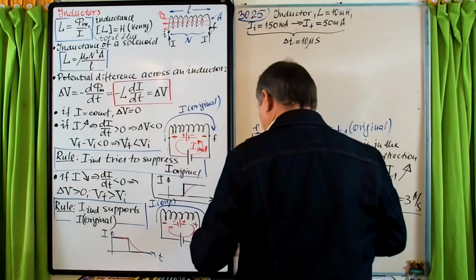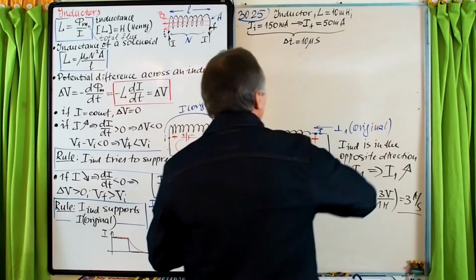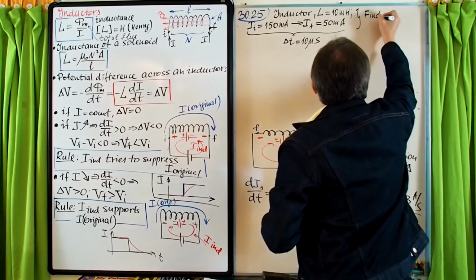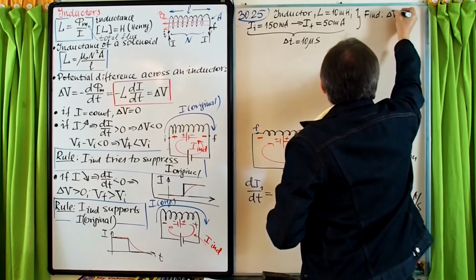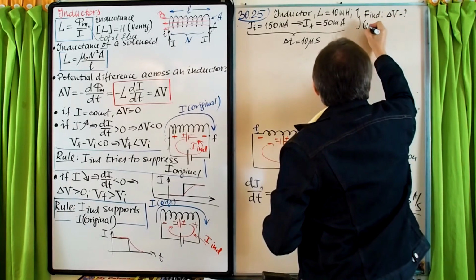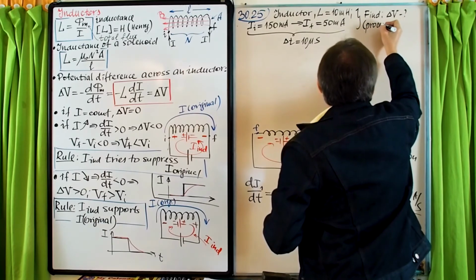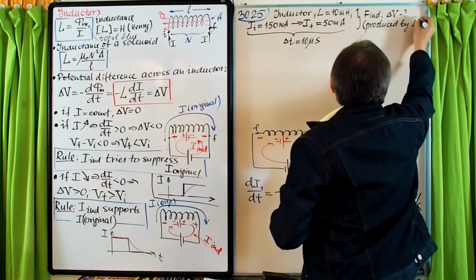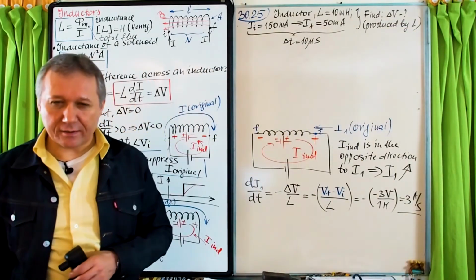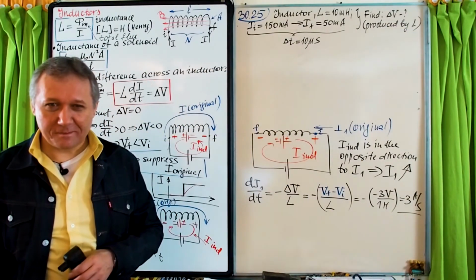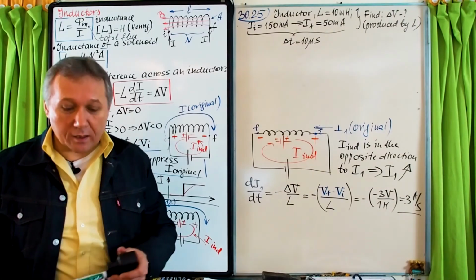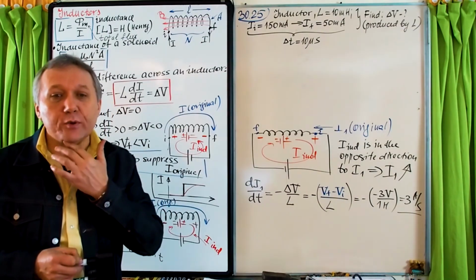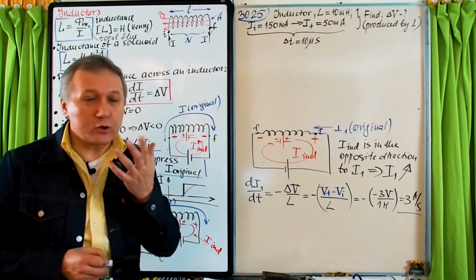But if current does change, then of course the solenoid will start producing delta V. So we need to find delta V. And again, let me emphasize, produced by the inductor, L. Again, we can discuss conceptually what will be the sign of delta V, positive or negative. It shouldn't be difficult, right?